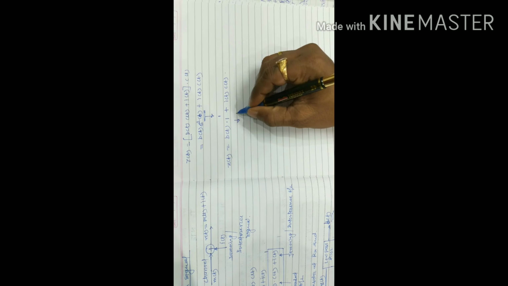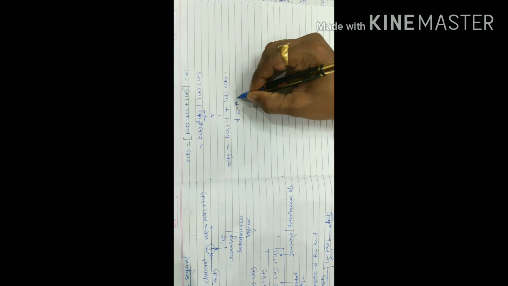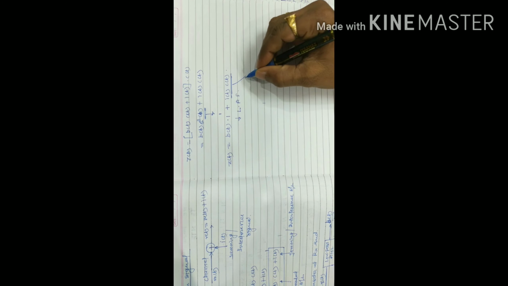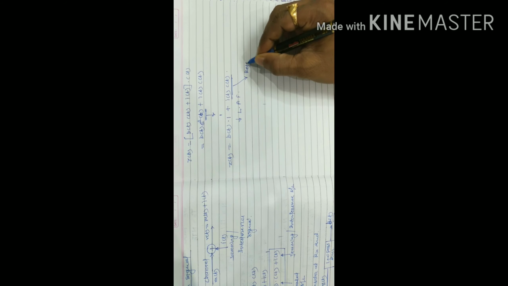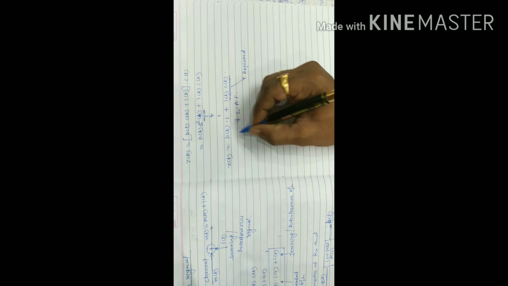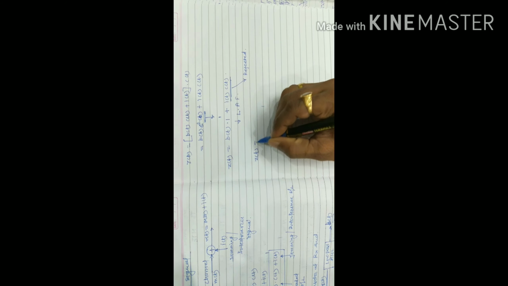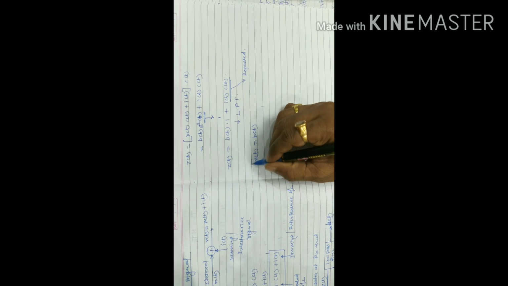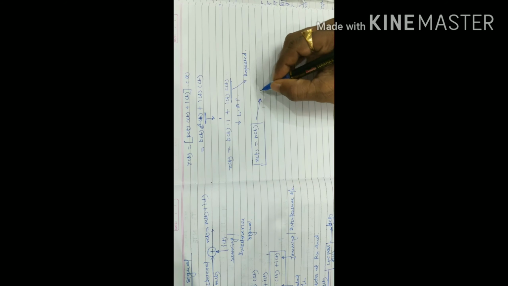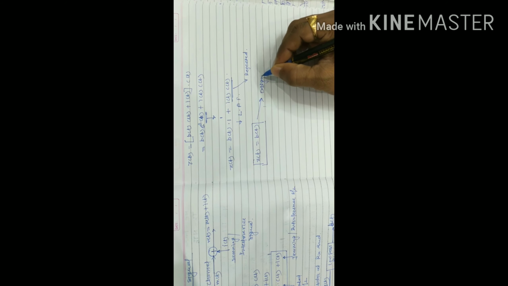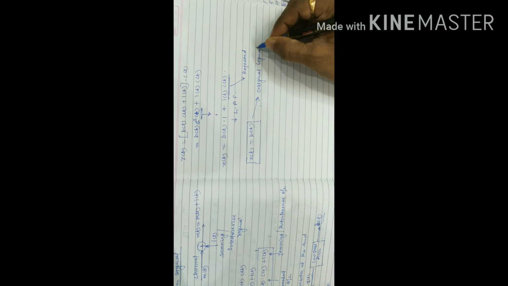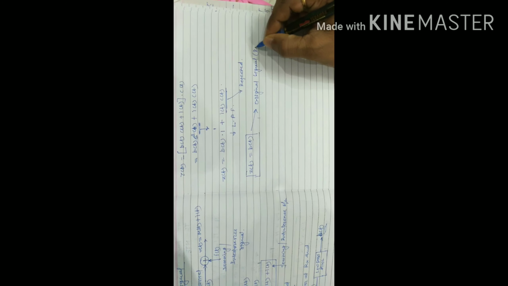When we pass this through LPF, this second term will be rejected by the low pass filter, and we will get z of t equal to b of t at the output of the low pass filter, and this is nothing but the original signal, that is the recovered signal.